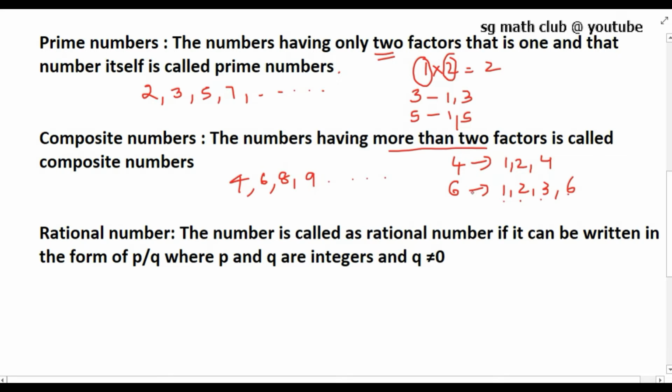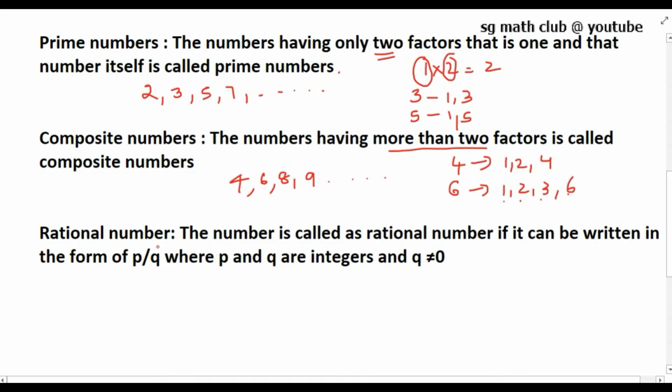So, it has a total of 4 factors. So, numbers having more than two factors are called composite numbers. And 1 is neither a prime number nor a composite number. The number 1 is neither prime nor composite.